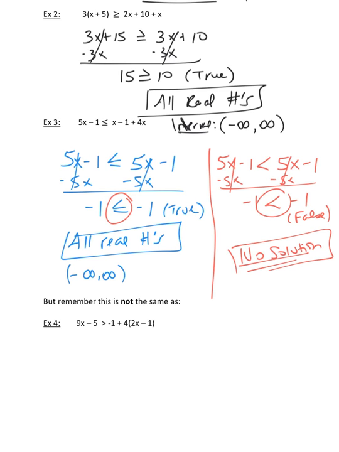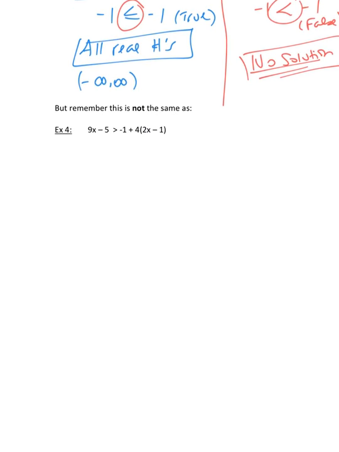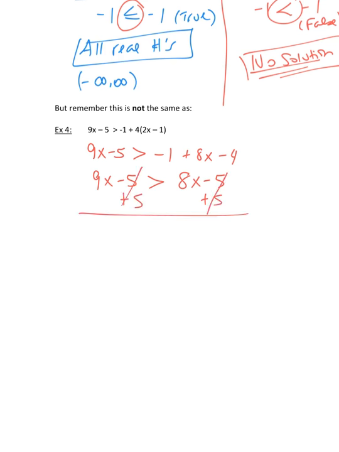And then just be really careful that this is not the same as example 4, which we had talked about for equations, that when you end up with 9x minus 5 is greater than, I'm distributing negative 1, 8x minus 4. 9x minus 5 is greater than 8x minus 5. In this situation, let's say I add 5 to both sides, I still have x's in the problem.